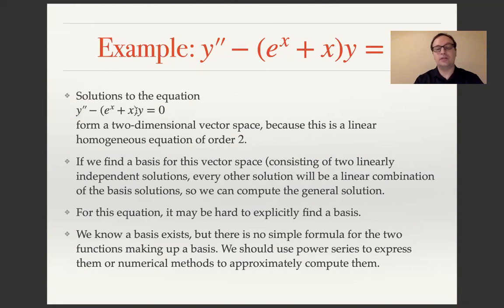So notice that it is an equation with non-constant coefficients. However, since this is a linear homogeneous equation, solutions form a vector space, and because this is a second order equation, it will be a vector space of dimension 2.